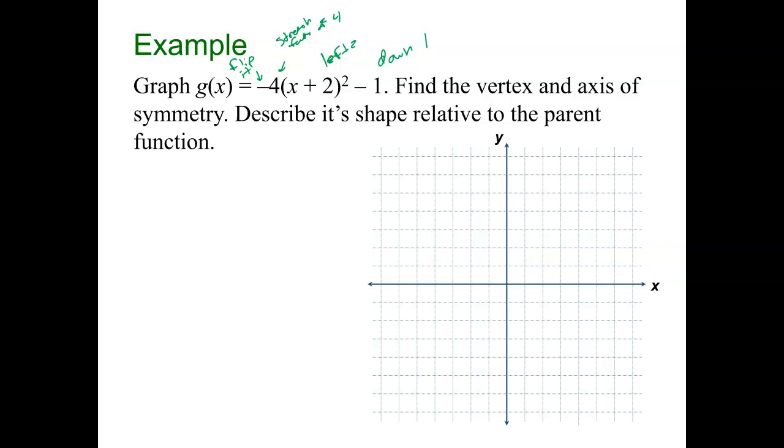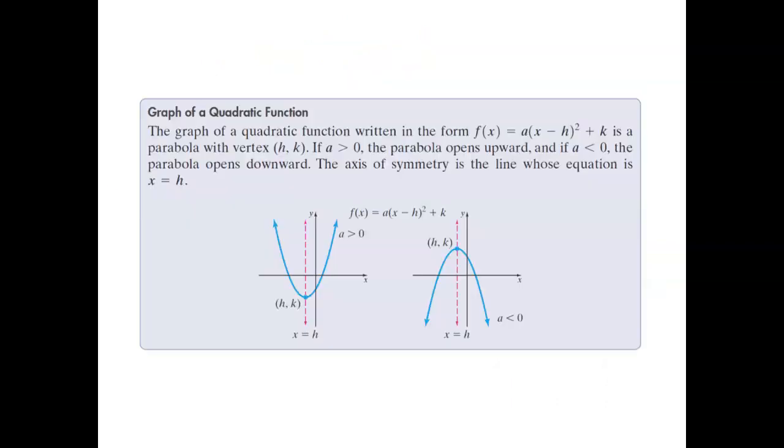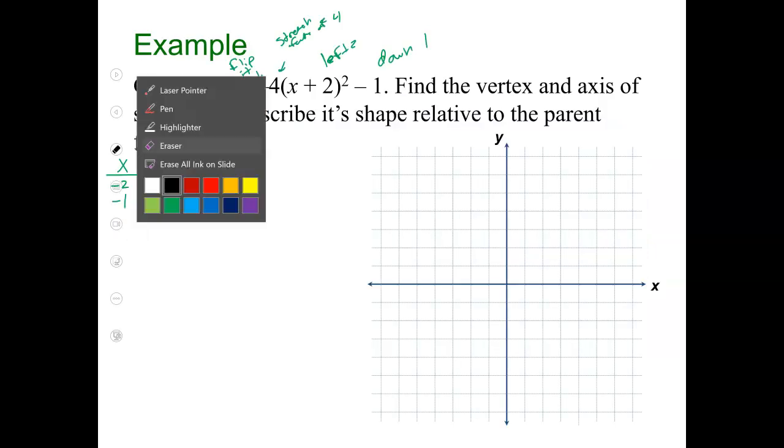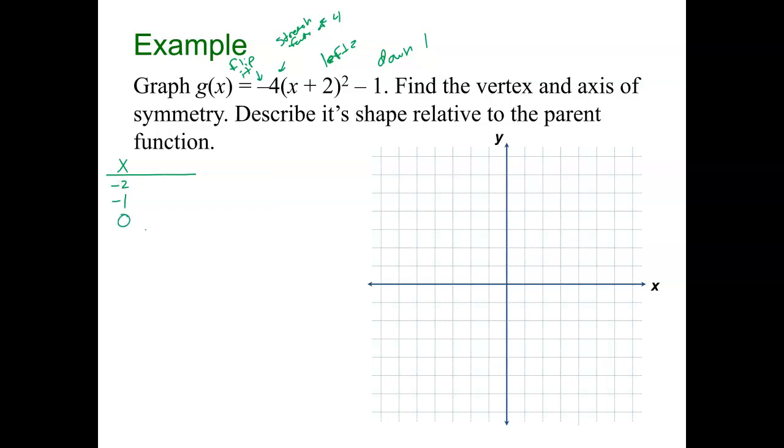Okay, so we're going to start with -2, -1, 0, 1, and 2.